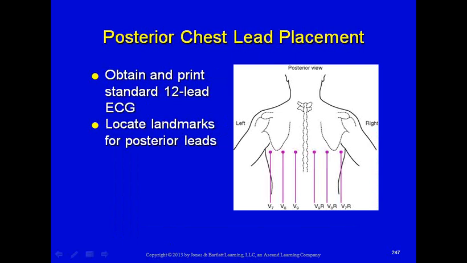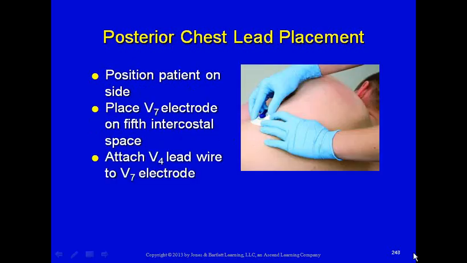You can also obtain a posterior chest lead placement, and this is where you put the leads across the back, just below the scapula, in a horizontal line just below the scapula.